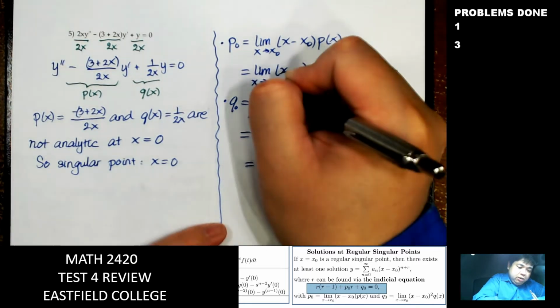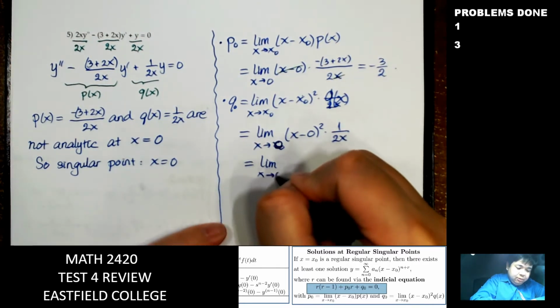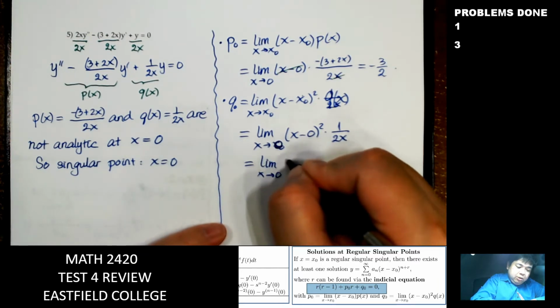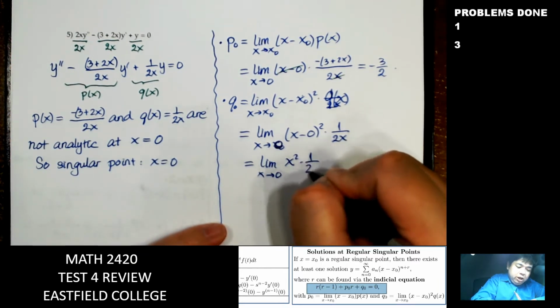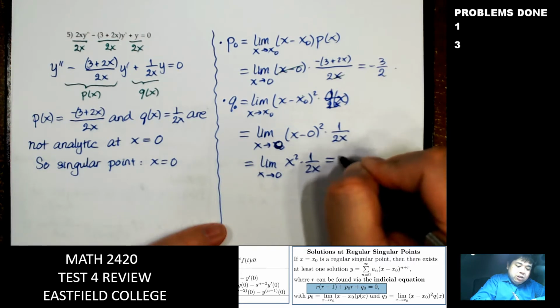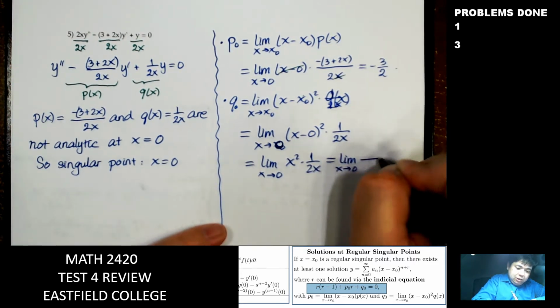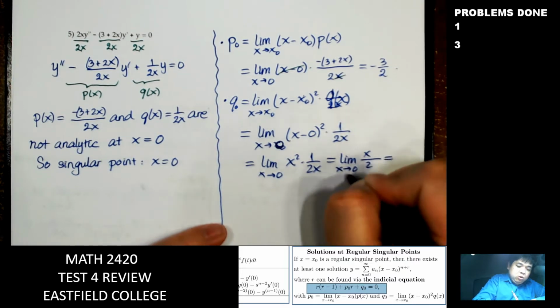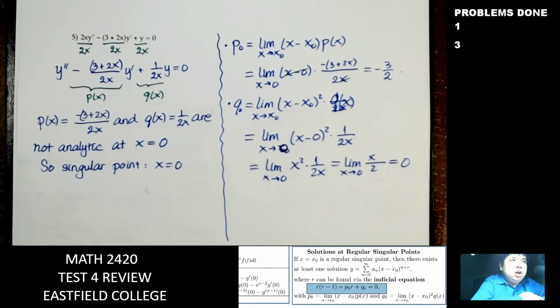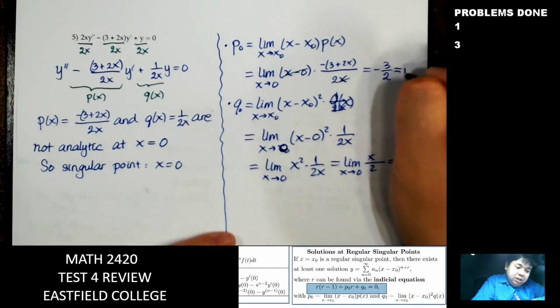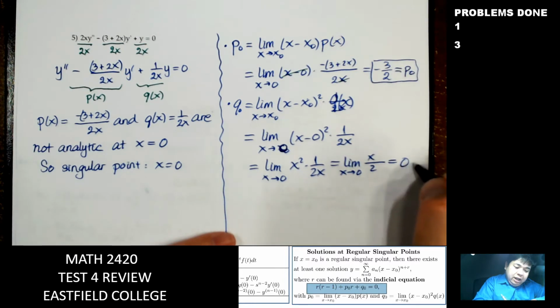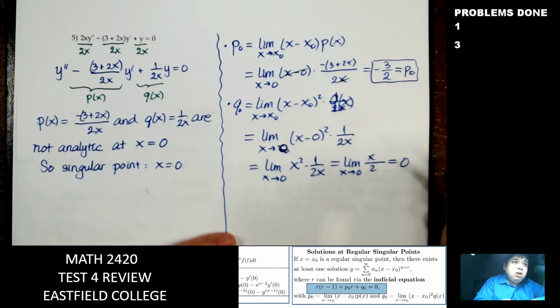Those should be 0. So I have x squared times 1 over 2x. One x cancel out. And that when x go to 0 is equal to 0. So pretty much we have P naught is negative 3/2 and Q naught is 0.